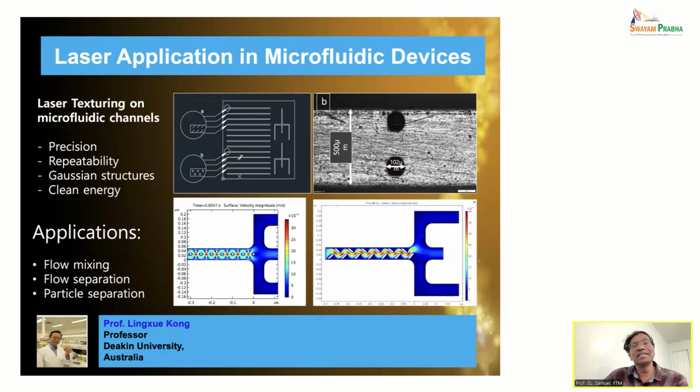And also these laser applications, we can use them in microfluidic devices. Probably people didn't hear about these microfluidic devices earlier, but during the COVID period, there were COVID test kits, home kits, which we could buy and test ourselves.